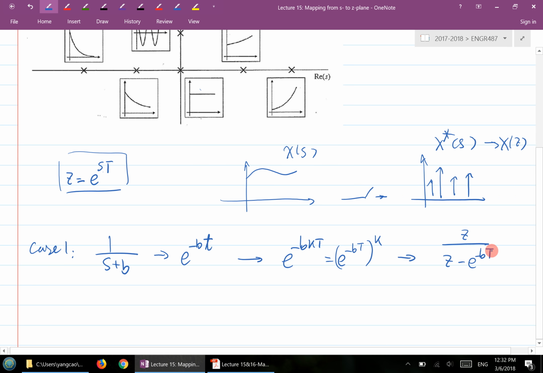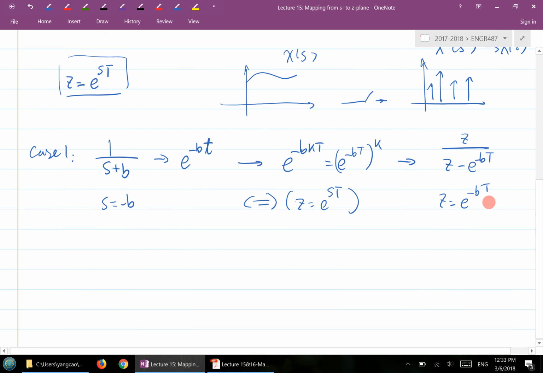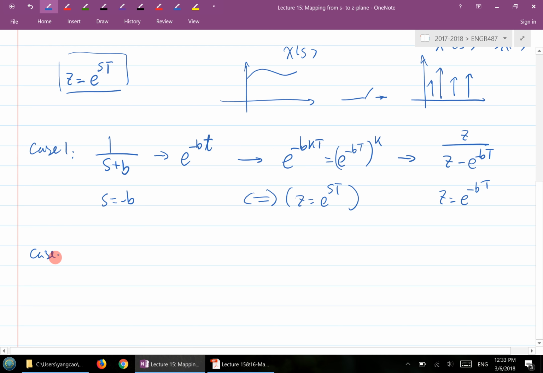As you can see, here S is equal to negative B, and in the discrete domain your pole is e to the power negative BT. That's basically this relationship.